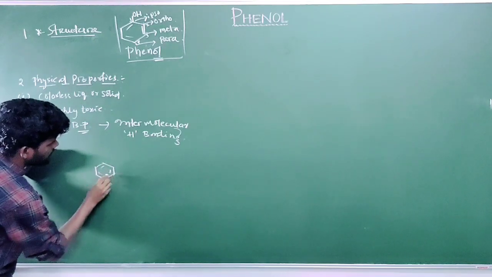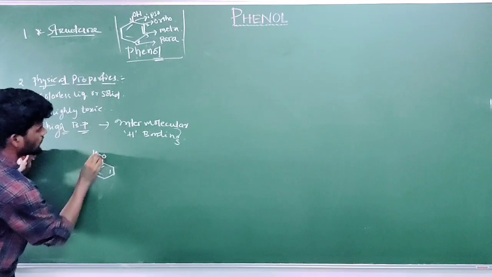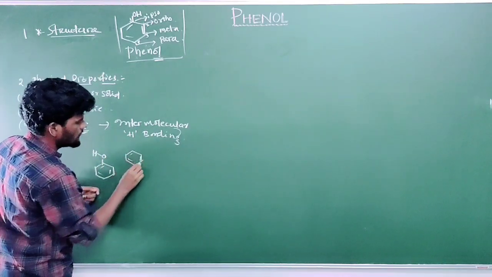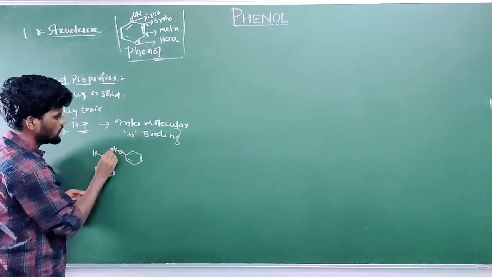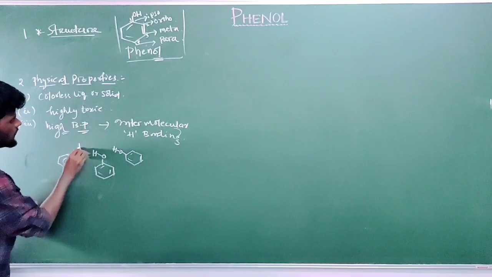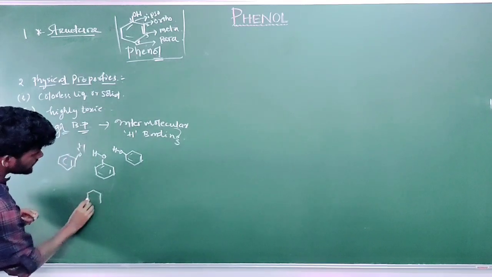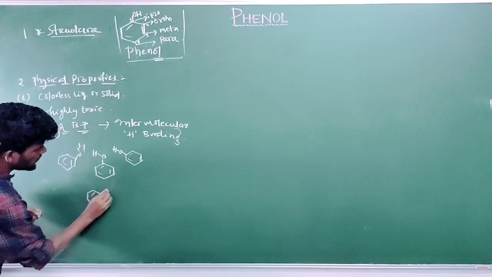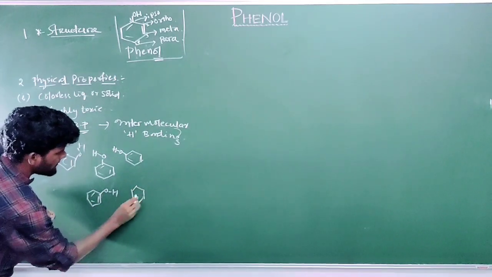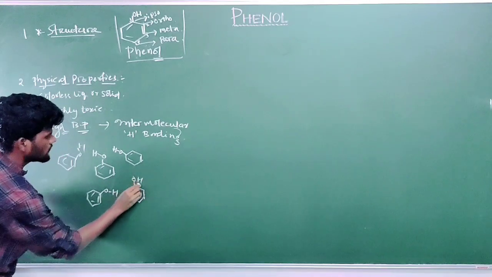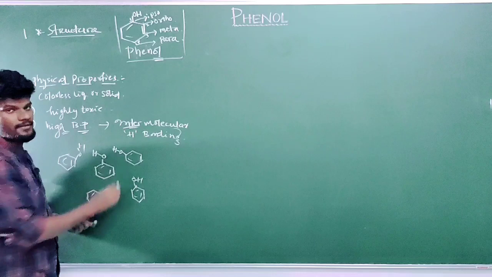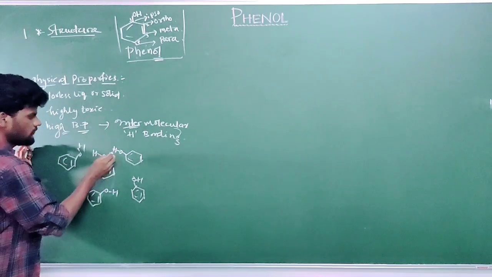This is the structure of phenol, one phenol molecule here, and at the surrounding there are different phenol molecules, each with OH. This is intermolecular, not intramolecular, hydrogen bonding.